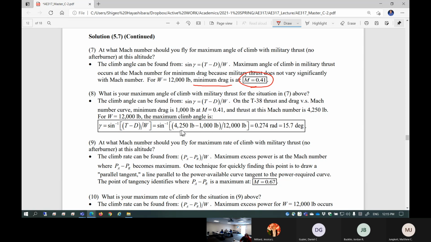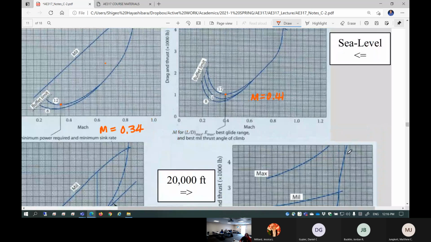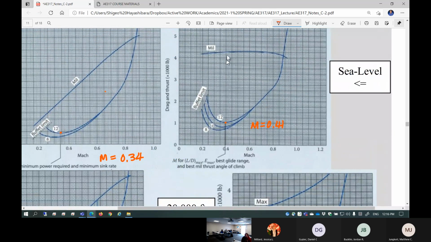So at that minimum location with the military thrust, what is the available thrust? Let's just take a look at it. What is the available value of the thrust, which is right here. So this is 1,000.